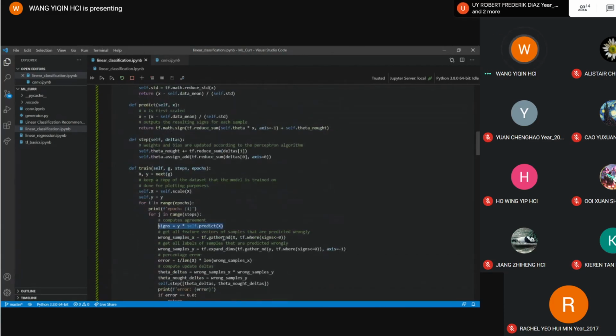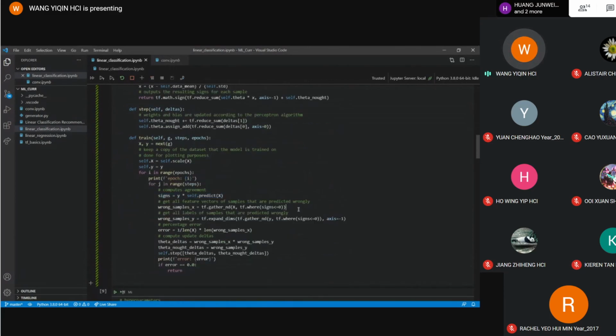And with that, you can compute the agreement pretty efficiently because the whole thing is vectorized. And then gathering of the wrong samples: the x values, the data point values, and the labels. So I'm using tf.where. I'm comparing to see where our signs are smaller or equal to 0, which means that it's wrong, right?